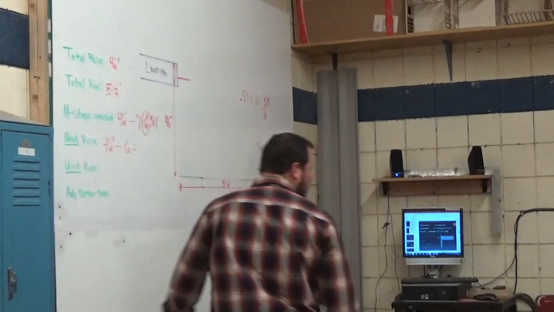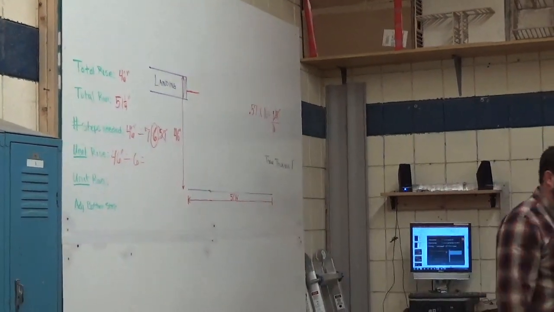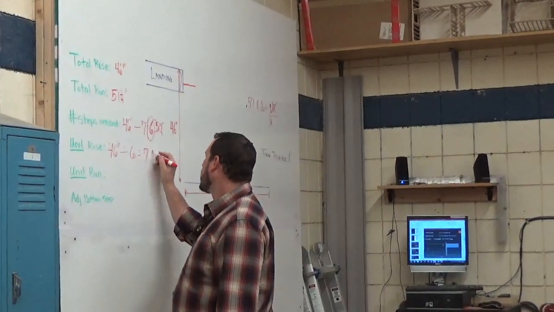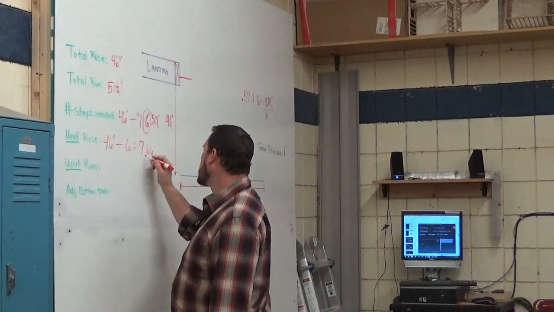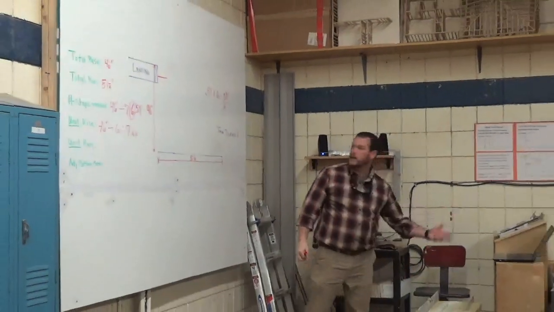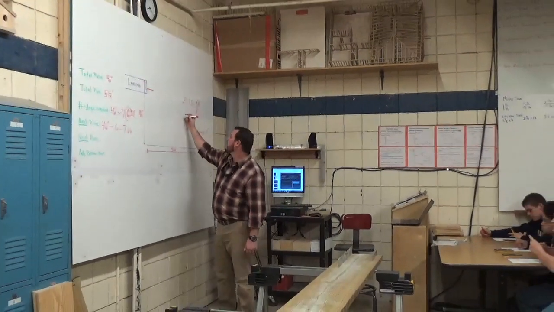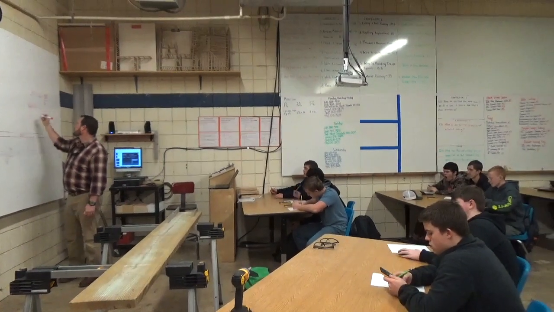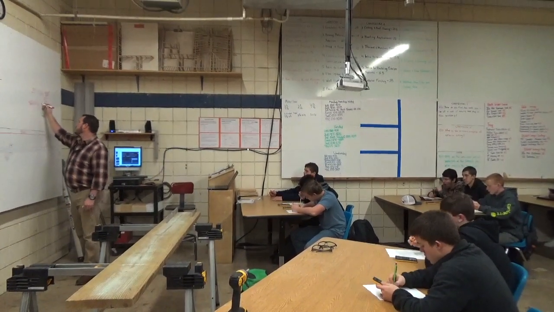46 divided by 6. 7.66, repeating. Yet again, it is 0.66. Where's that on the tape measure? We don't know. What are we going to do? Take 0.66 times 16, and you get 10.56.